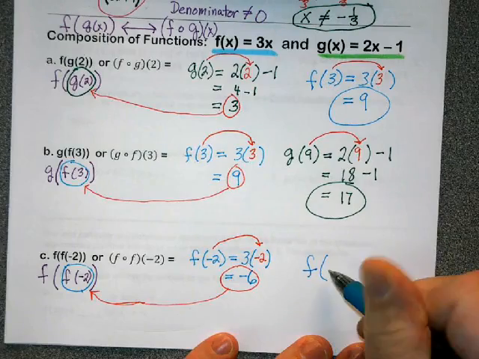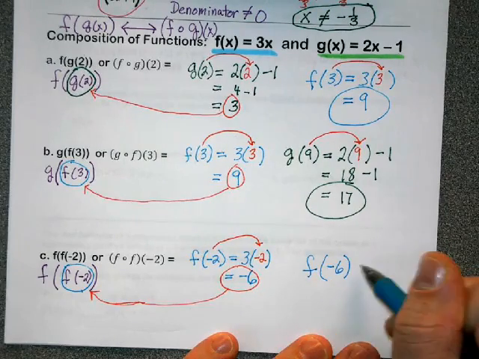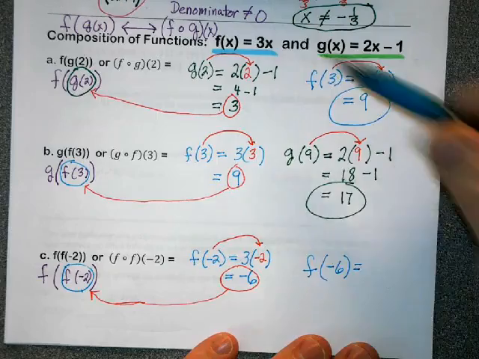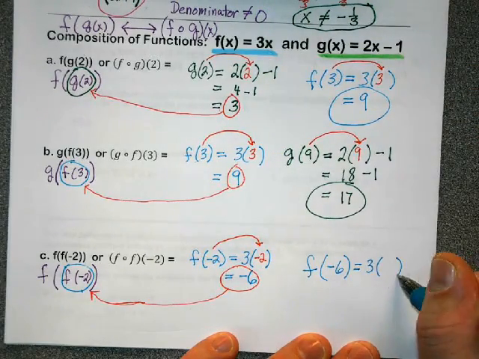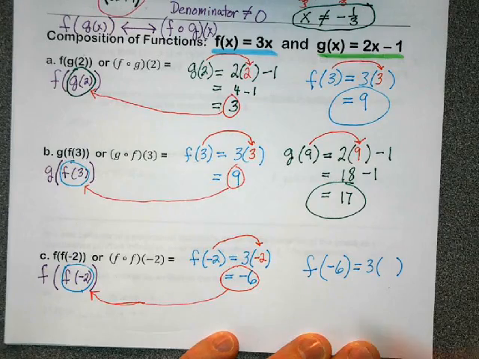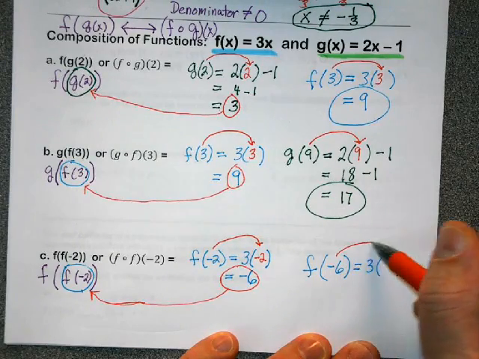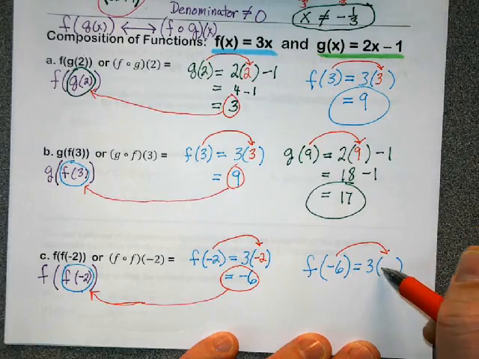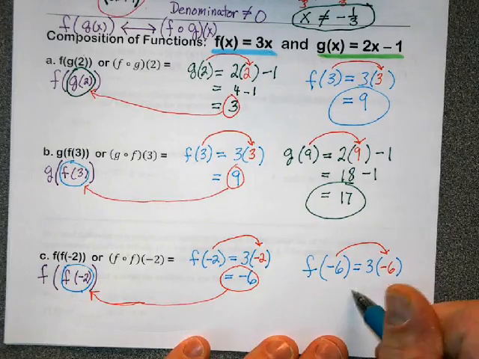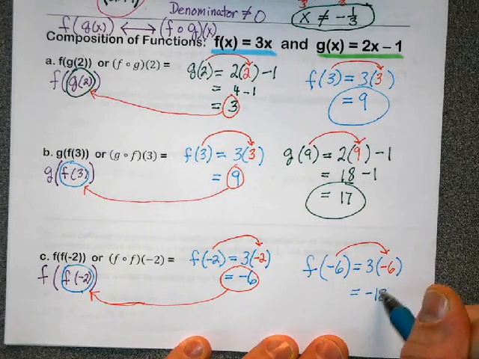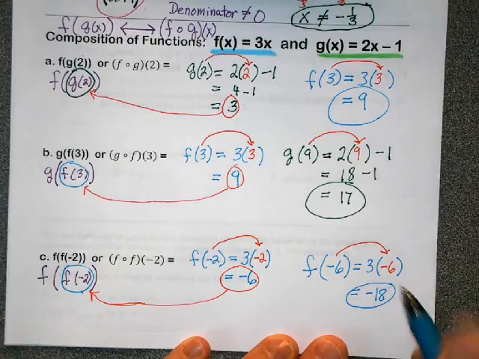And my f function is 3 times x. This time for my substitution of x, I'm putting in negative 6. So we get negative 18. This is really a hard concept, and you're right, it's very confusing.